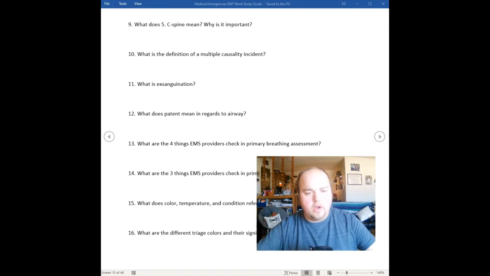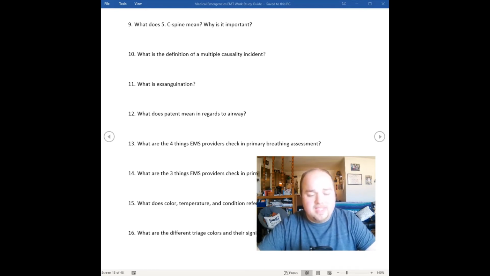Now, in regards to the number of patients that we're dealing with, the definition of multiple casualty incident is when we have an incident that requires resources because we're overwhelmed by the number and severity of casualties. This is when it overwhelms the resources available in the area.